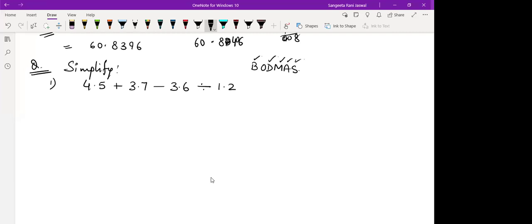Whenever you have a bracket, you must solve the inside of the bracket first. Here there is no bracket, but first you will divide. Divide comes first. Then there is no multiply sign. Then you have an add sign, and in the end a subtraction. So please do this.